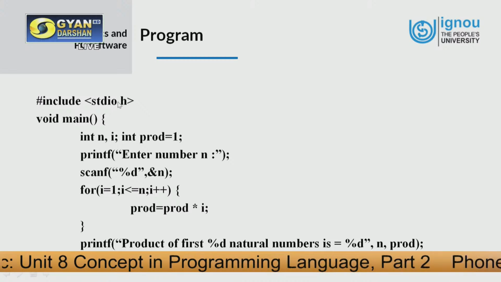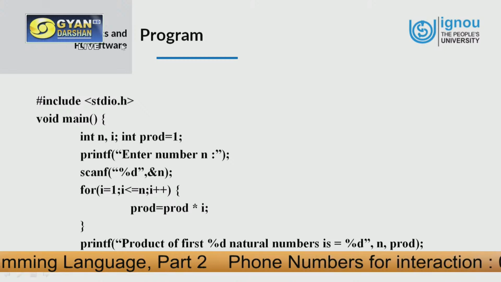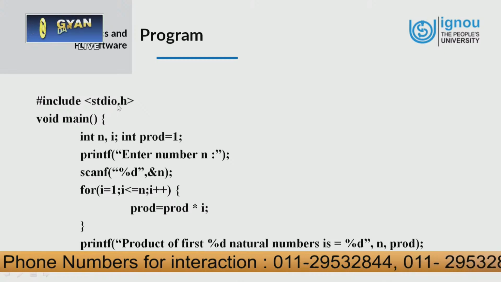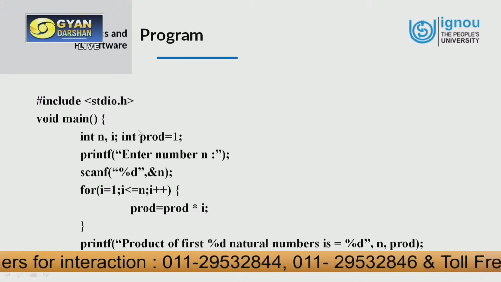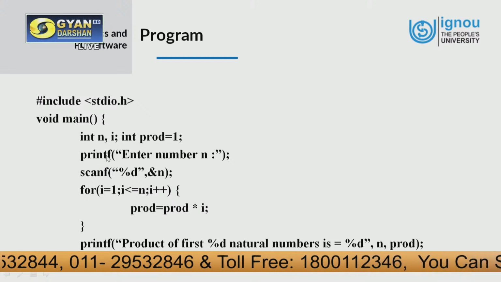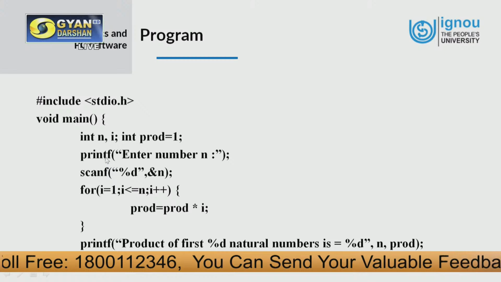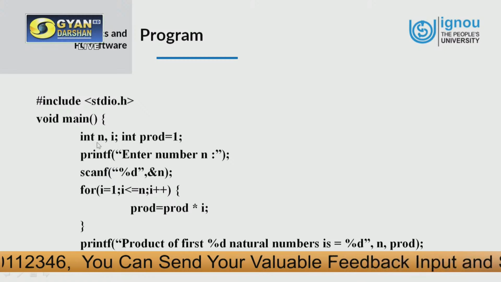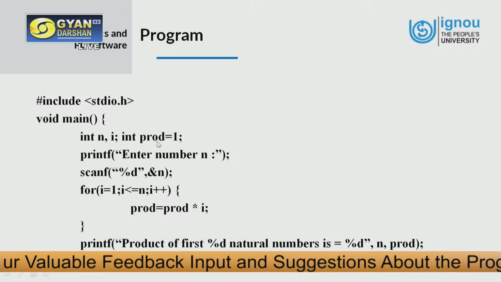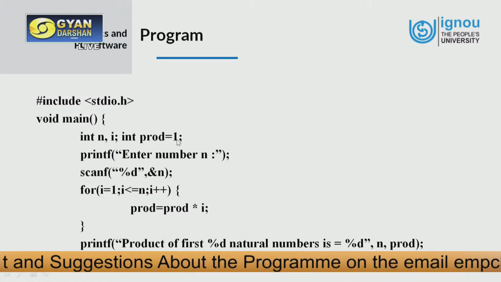Those header files contain the basic declarations of the functions like scanf and printf, as we discussed last time. And main is the main function where all the processing is going to be done. So we are defining n and I as integer values, and product we are initializing, in addition to being an integer, to 1.